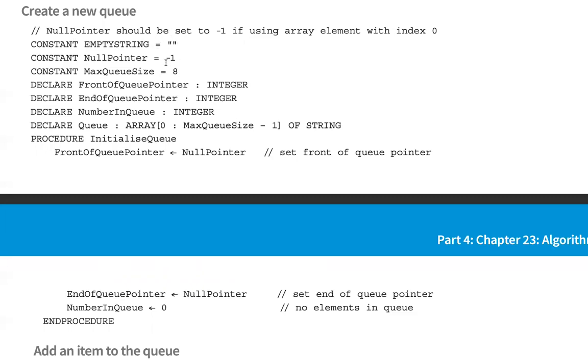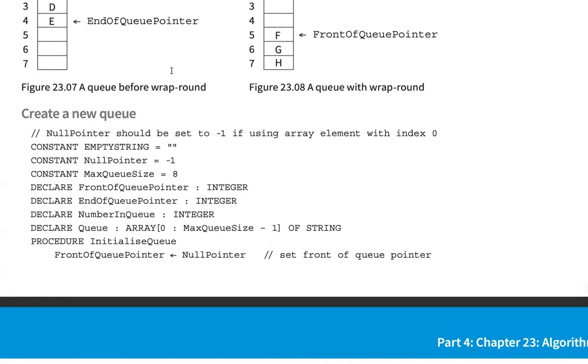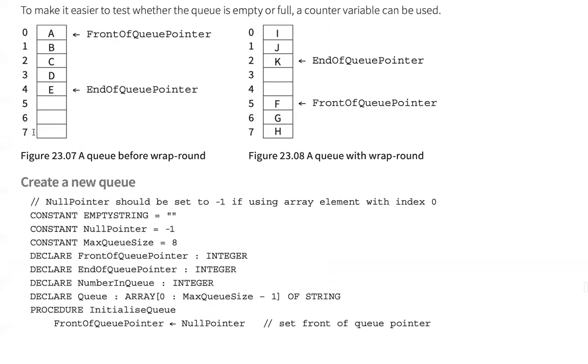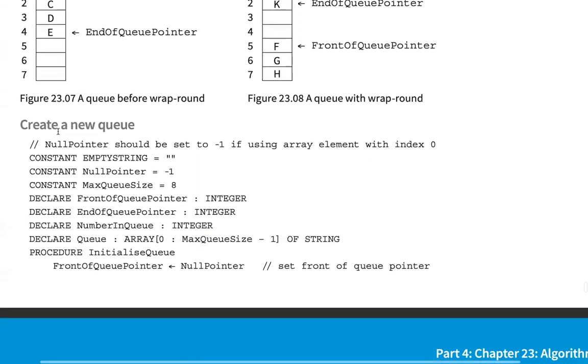Since we're using index position 0, my null pointer will have -1 in it as a constant. And since the total size of my queue is 8, my max queue size will remain at 8. So as you can see here, starting from index position 0 to 7, this is a total of 8 elements. After which I need three variables: front of queue pointer, type integer, end of queue pointer of type integer, and number in queue of type integer.